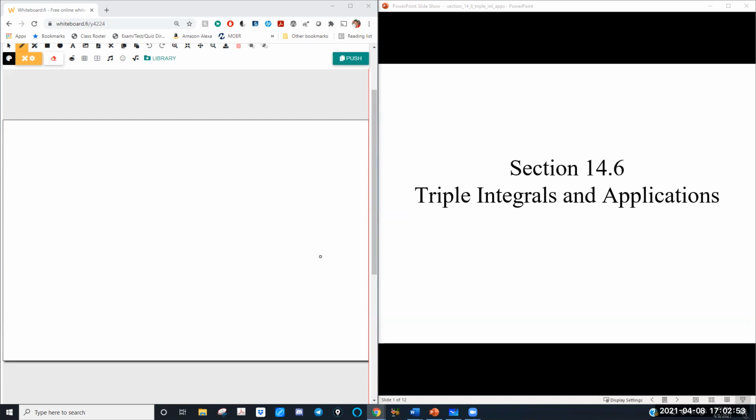All right. Okay. So I want to get into today. We're only doing the one section, because there's some interesting things going on with triple integrals. Now, on the one hand, all we're really doing is adding another integral to our double integral.